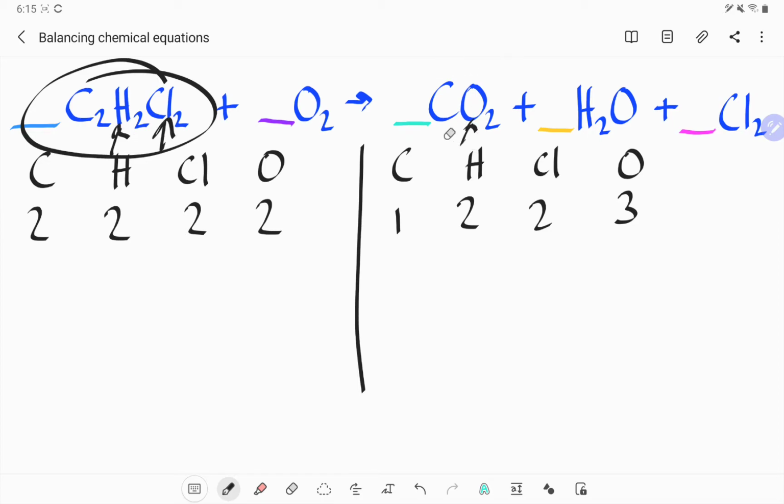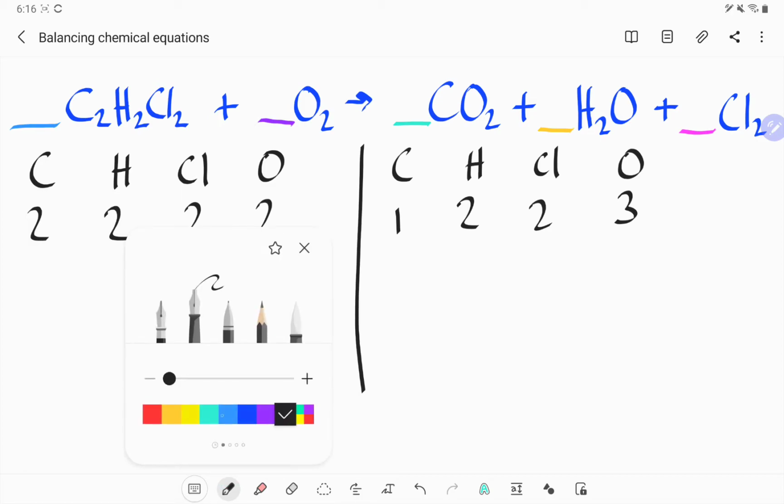I think that second thing that you might notice right there, that carbon is bonded to multiple different elements but oxygen is not, is going to be very helpful in deciding that we're going to balance oxygen last and carbon first. So in order to balance carbon first, let's figure out where to add a number.